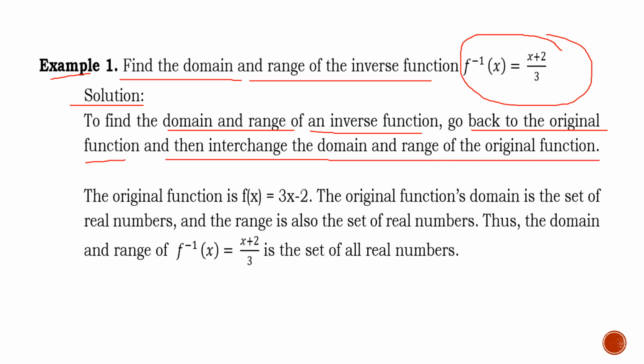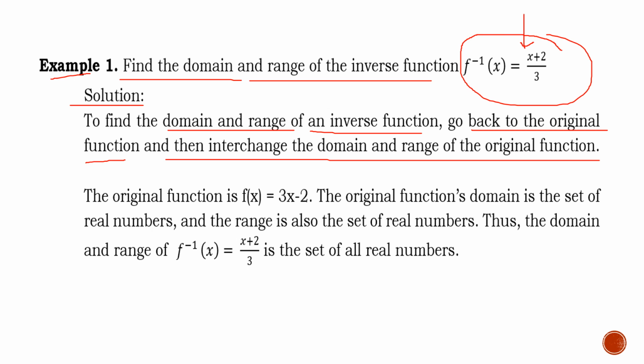Whatever your values of domain and range in your inverse function will be your range and domain in your original function. So we just simply switch, or swap, the values between your x and y variables when we are dealing with your original function and your inverse function.